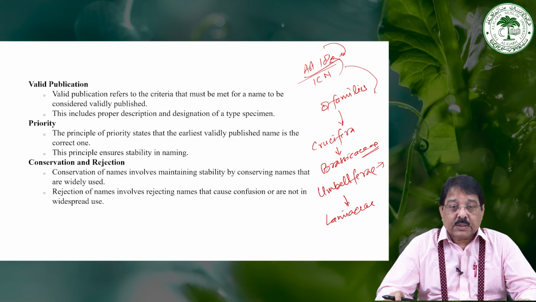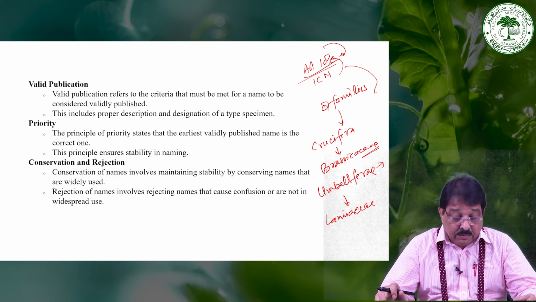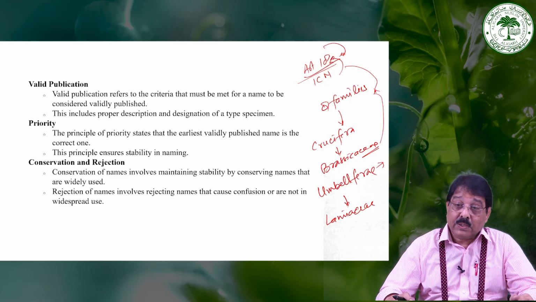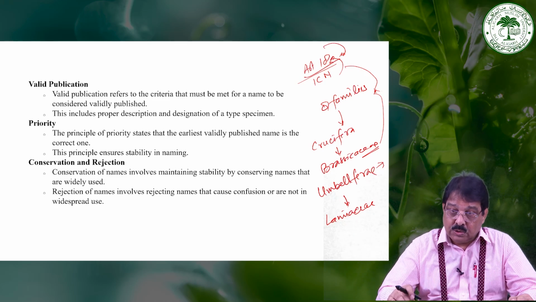And the conservation and the rejection of names. Conservation of names involves maintaining stability by conserving names that are widely used. So this is the conserved name, you can say. These 8 families' names have been conserved with the permission of the code.